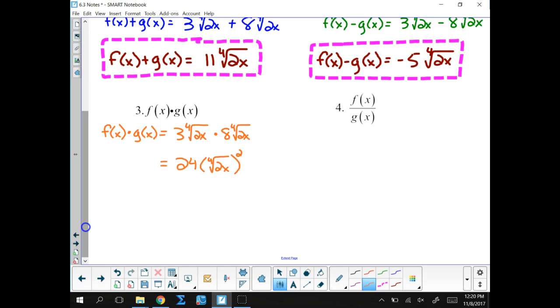Can that be simplified now? You tell me. I think so. I think so too. Okay, cool. Because what exponent is associated with the fourth root? 1/4. So this is really 24 times 2x to the 1/4 power, then squared.